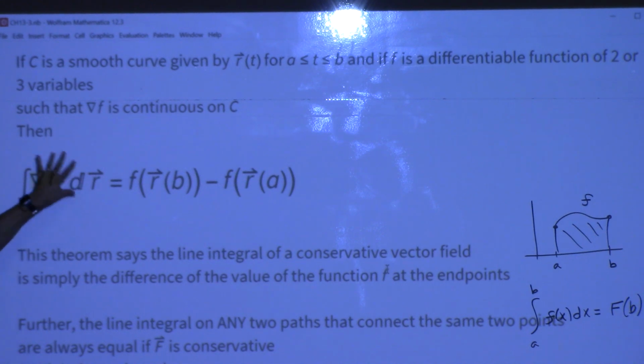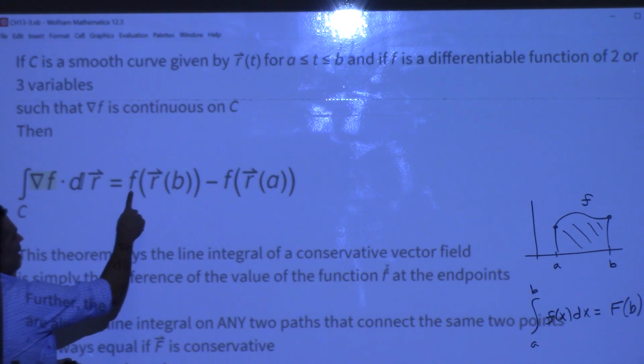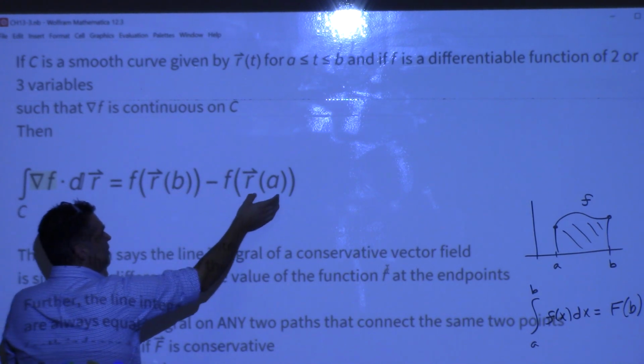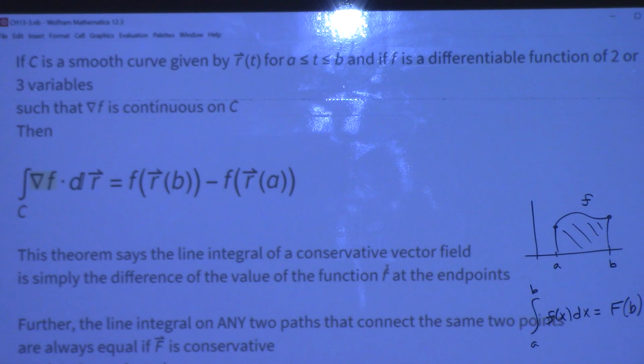Then instead of doing all that, calculating all that, all you have to do is take f, the scalar function, and evaluate it where? At the 2 endpoints of the curve.